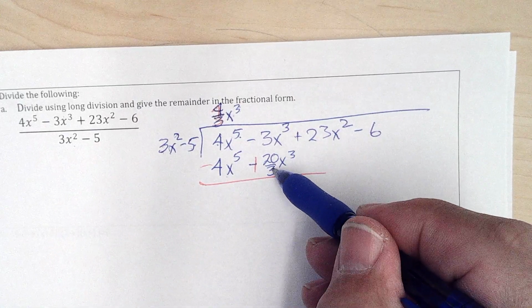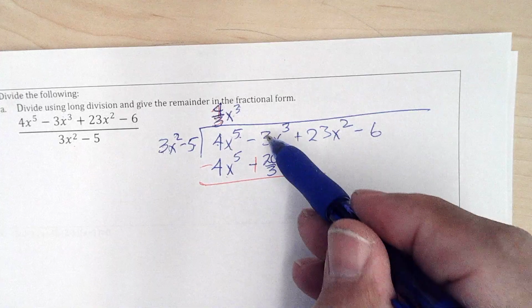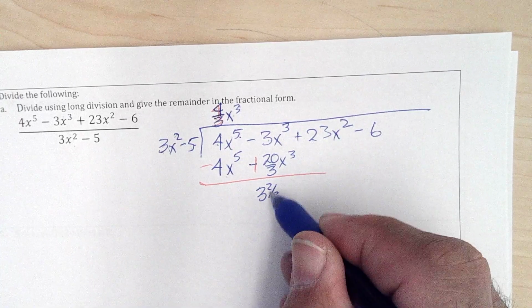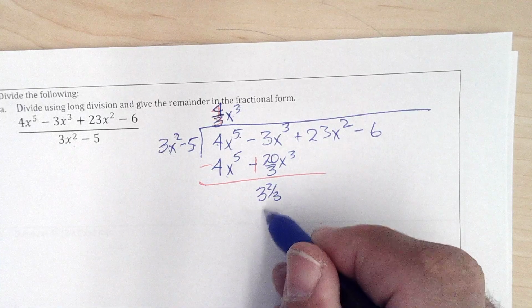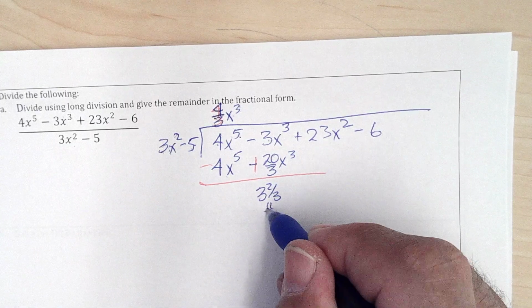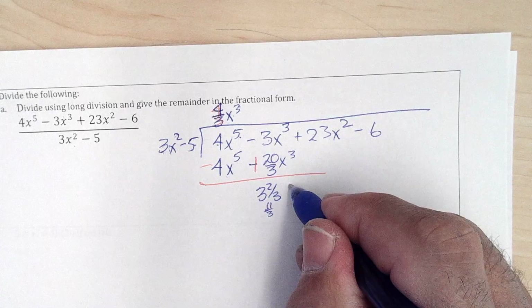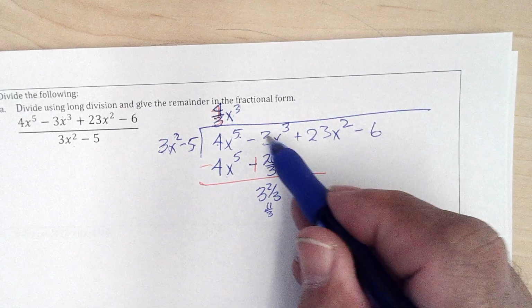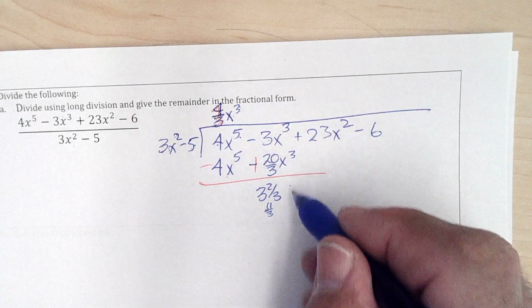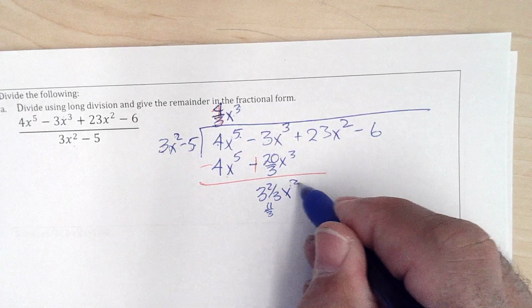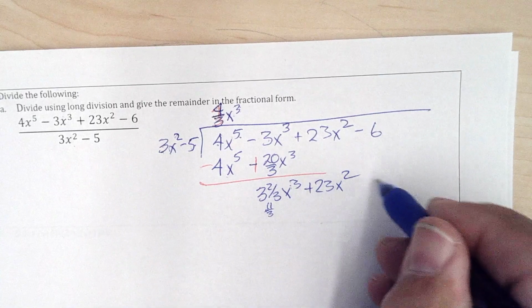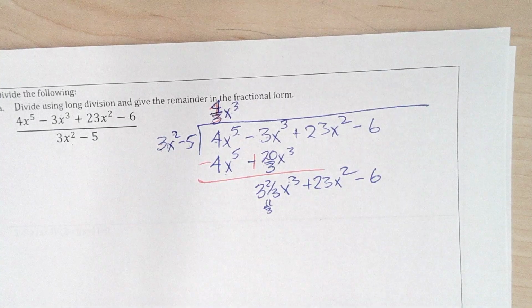See, 20/3 is 6 2/3 minus 3, so that's 3 2/3, or 11/3. Just a note to myself. 6 2/3 minus 3 is 3 2/3. x to the 3rd plus 23x squared minus 6.